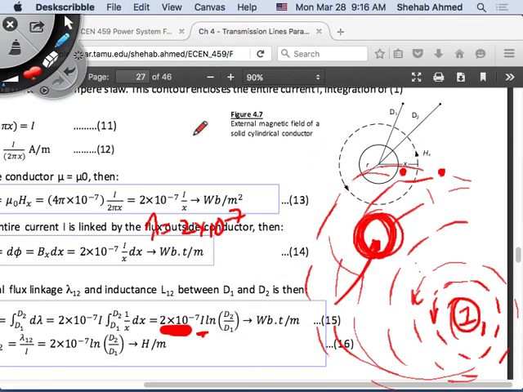So for this conductor, the external flux linkage was equal to 2 times 10 to the minus 7, I, this was carrying current I, natural log d2 over d1.